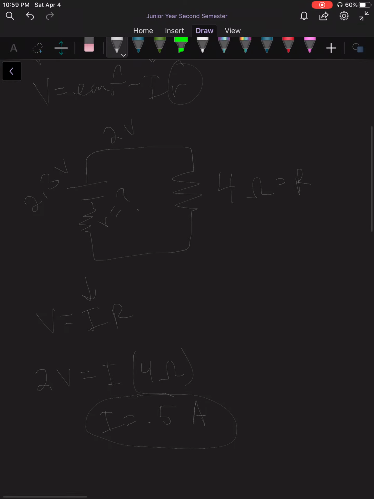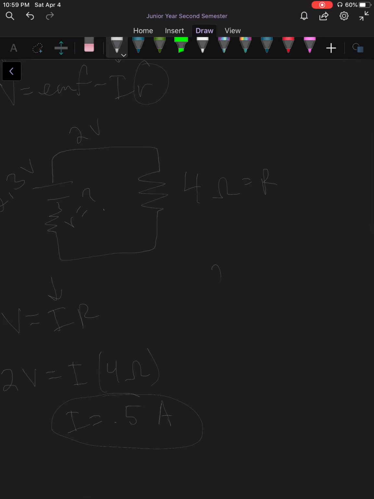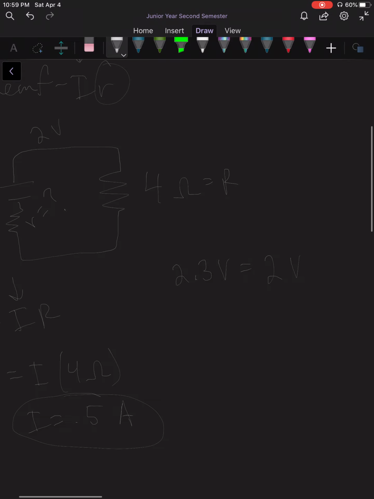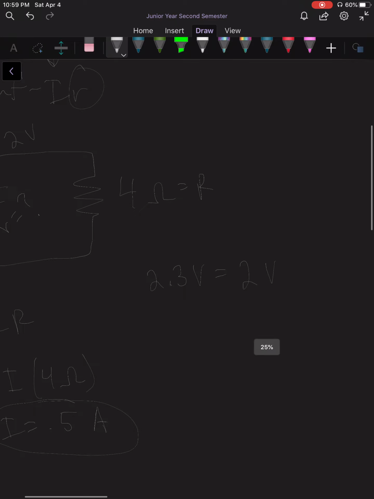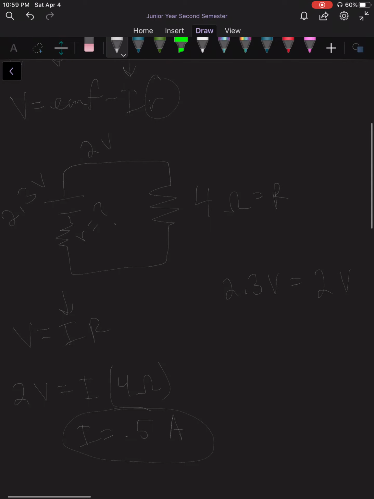And then we can see that our EMF is 2.3 volts. Our terminal voltage is 2 volts. So sorry, we're using this equation right here now.